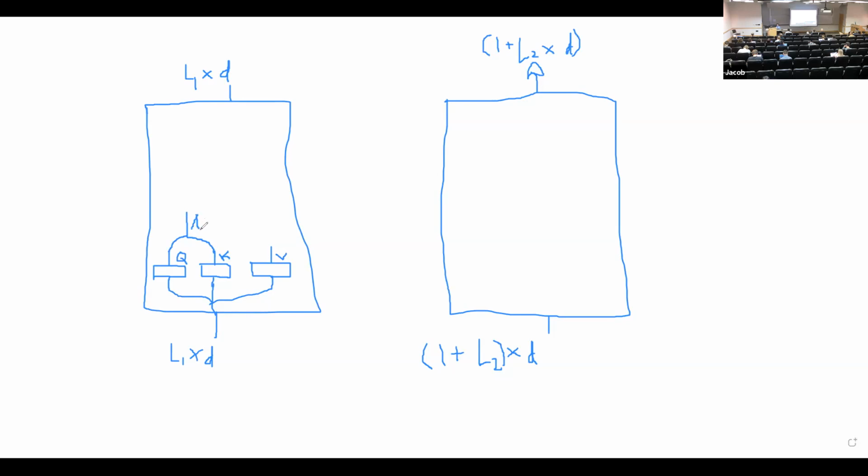Quick question, what are the dimensions of Q? What is the relationship between Q and our input?